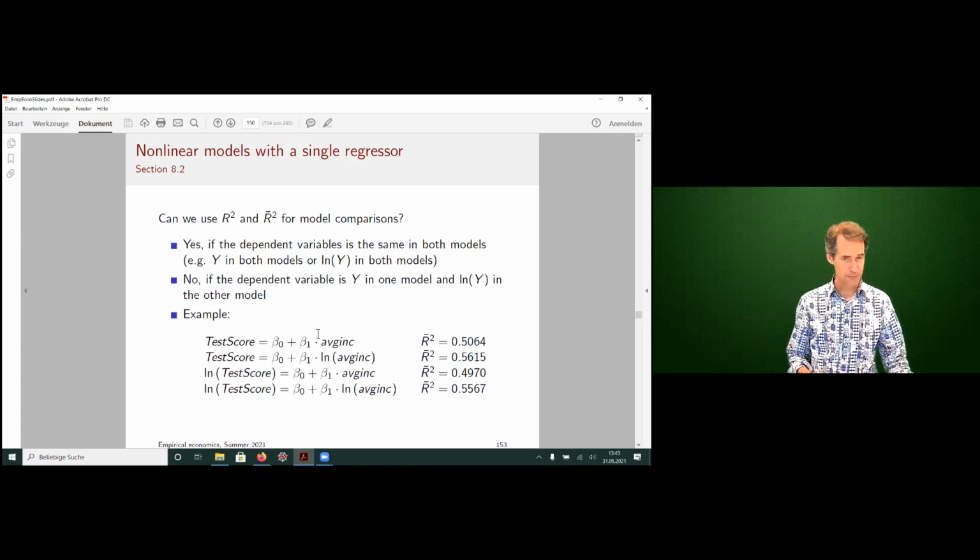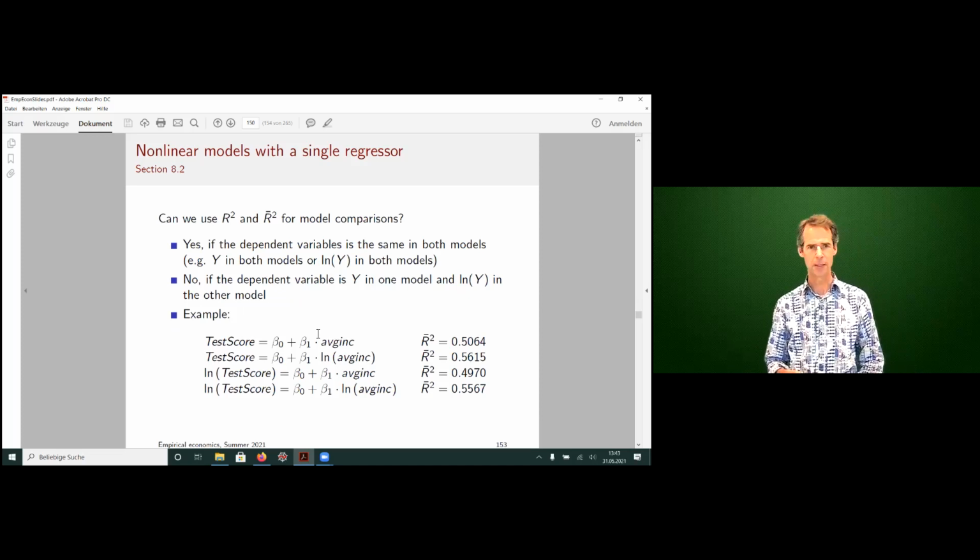All right, and one final point for today, as we are running out of time. The question is, if we want to decide which of the four models that we've got, the linear model and the three models I've just introduced, can we use R square or the adjusted R square for model comparisons? And the answer is yes, but only to a limited extent. We can use the R square to compare two different models if the left-hand side is the same for both models. So we can compare the first two and we can compare the second two by looking at the R square.